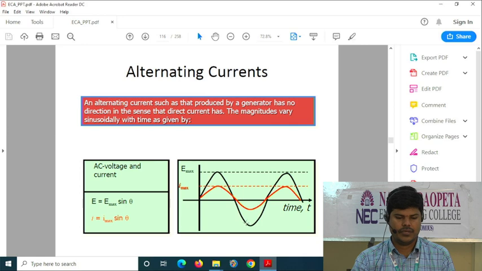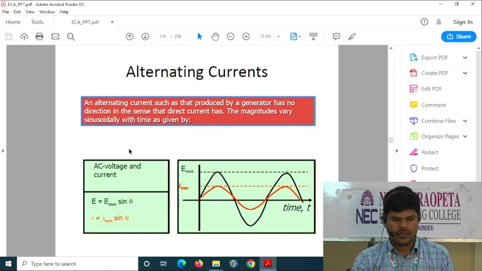With respect to time, the magnitude of the voltage changes in case of AC, whereas in case of DC, whatever the time, the magnitude of voltage or current will be the same. Majority of the applications are AC, only a few applications are DC.